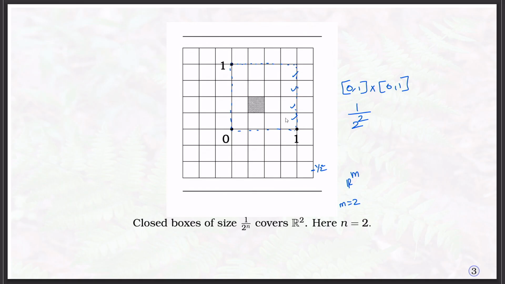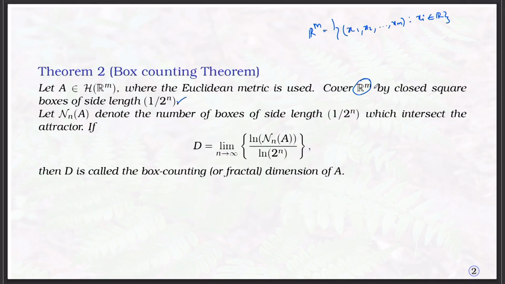Likewise, we can cover throughout R power 2 using these boxes. Likewise, if R power m is given, we can cover R power m by closed square boxes of side length 1 by 2 power n.